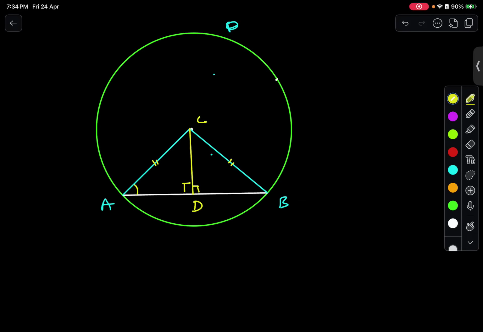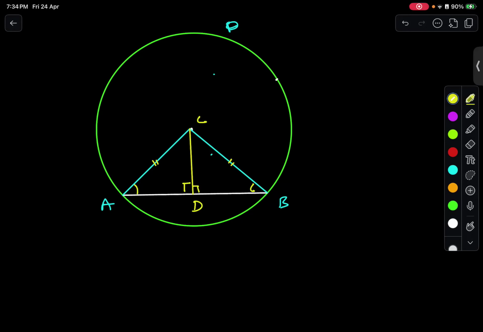So both the angles will be the same. So we are getting two isosceles triangles, one is ACD and the other is BCD, right?